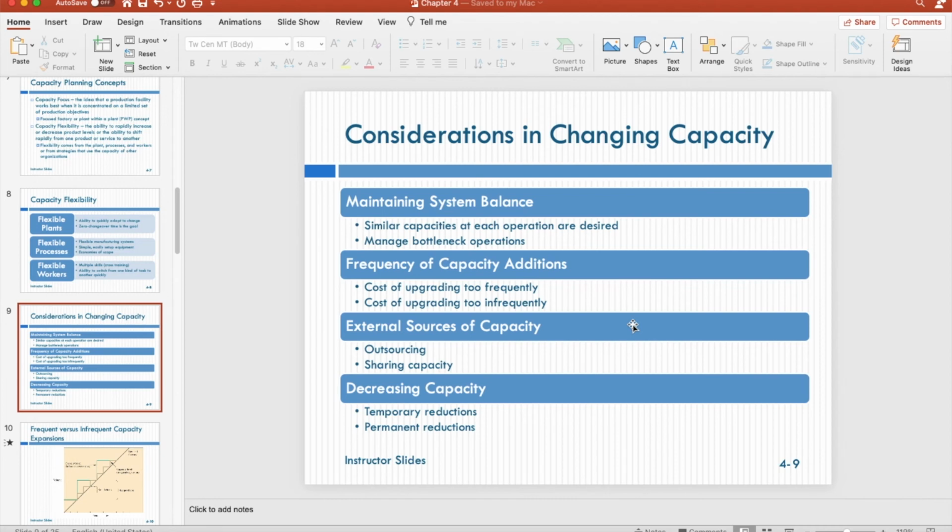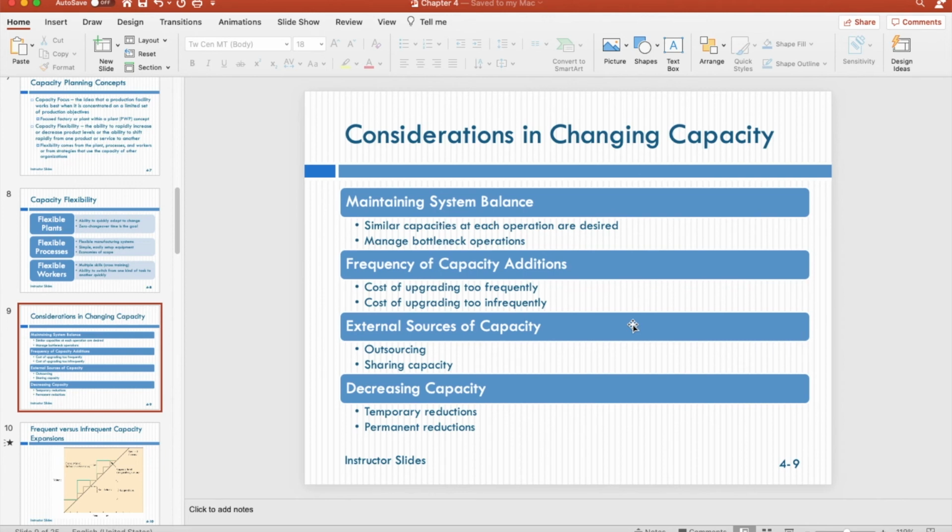If you upgrade your capacity management very frequently, then the money you incur each time will be lower. But if you only upgrade every few years, then each time the cost you incur will be much, much higher.